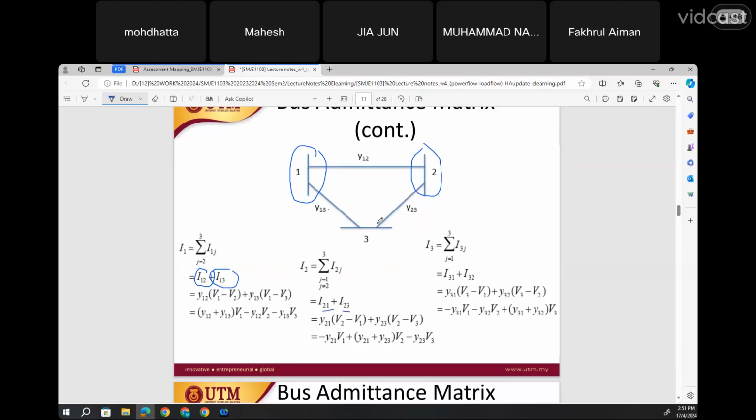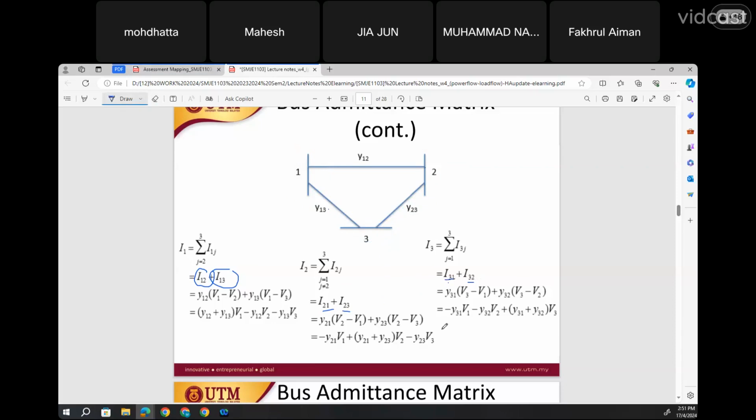And the same goes to the other one. We have the last one, which is the third bus bar. We have 3 to 1 and 3 to 2.